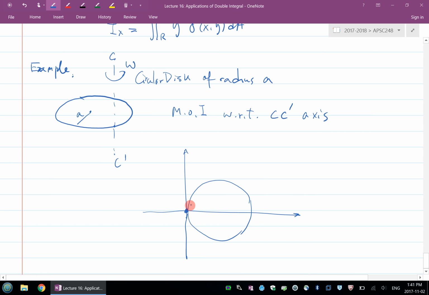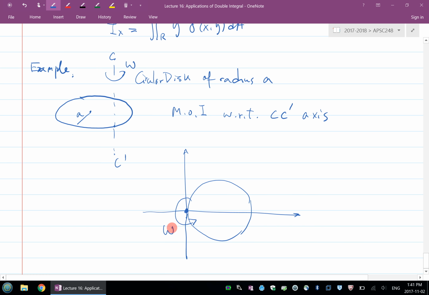Your plate will spin around this origin, and we're trying to get the moment of inertia of the thin plate with respect to the z-axis.